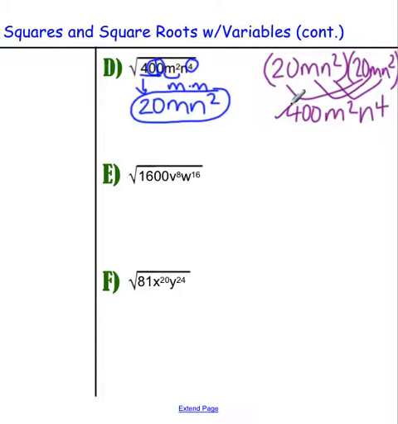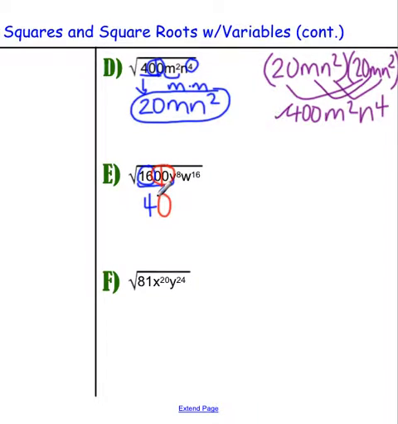Taking a look at the next one, square root of 1600 y to the 8th w to the 16th. Starting with 1600, I know that the square root of 16 is 4. And it has 2 zeros, so I'm going to take half of them, which means I have a 0 down here, so the square root of 1600 is 40.